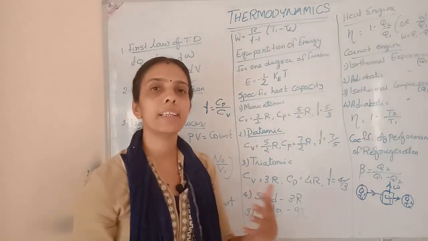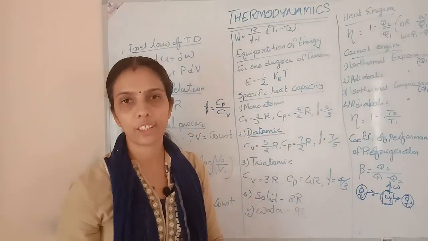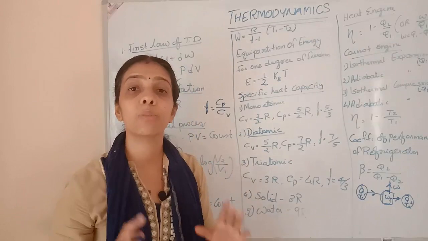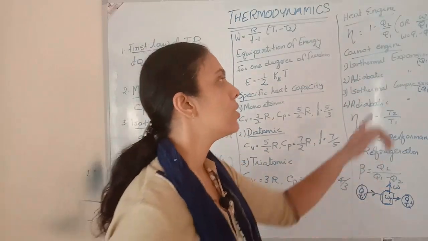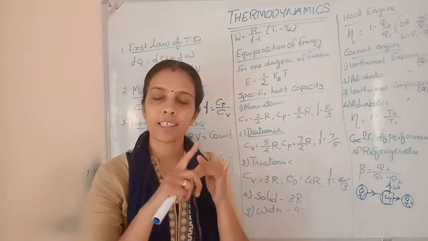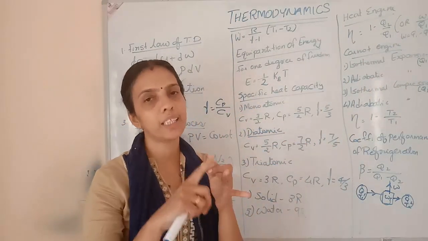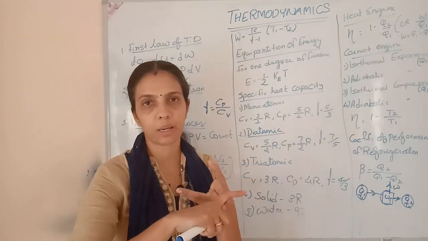An ideal heat engine is Carnot's engine. Carnot's engine means it's a reversible heat engine. The processes happening there are isothermal expansion, adiabatic expansion, isothermal compression, adiabatic compression.